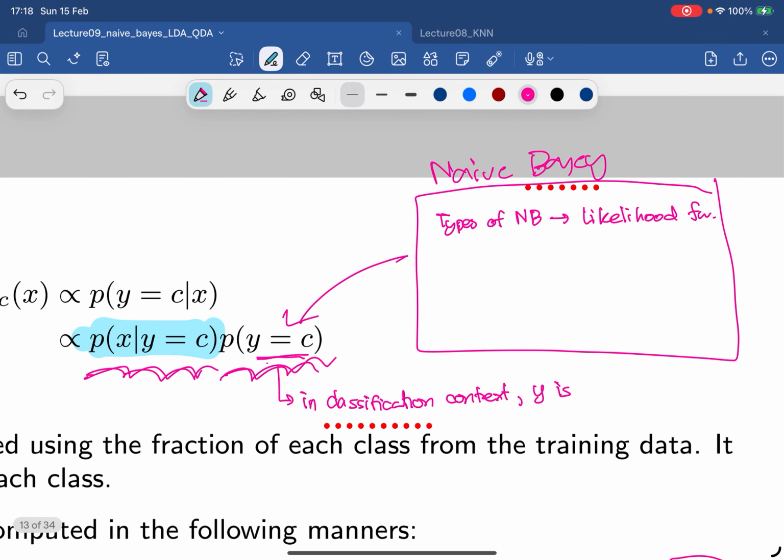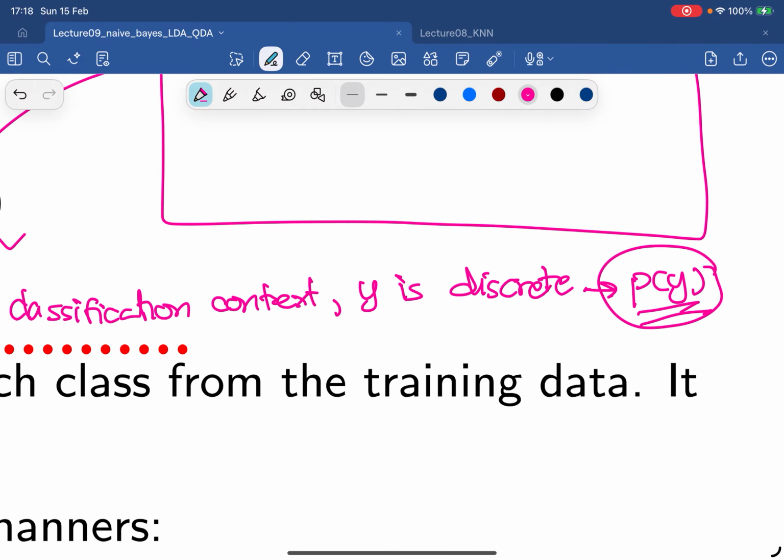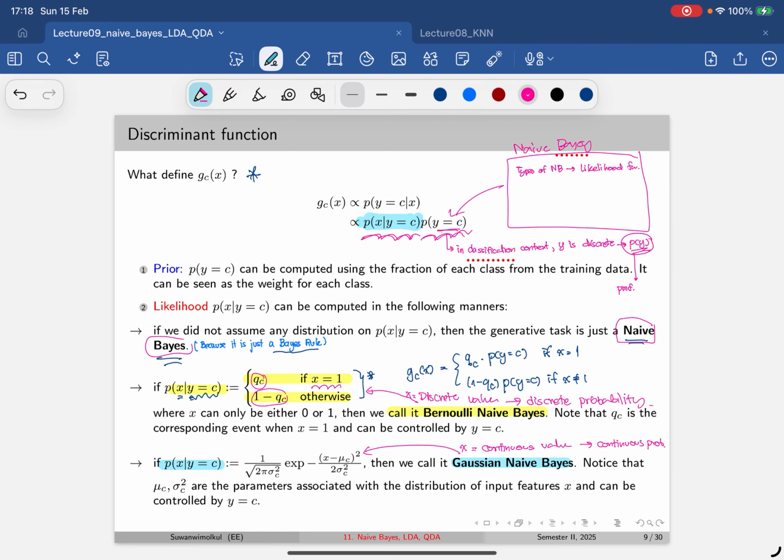Therefore, probability of y will be those probabilities that are defined for a discrete random variable. So this is something to keep in mind. Or in other words, this will be a PMF, right?